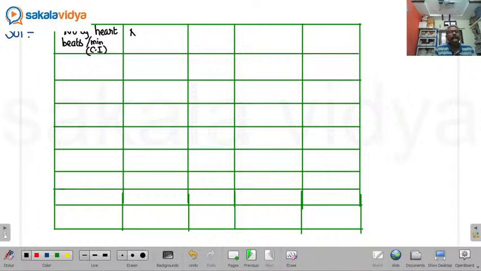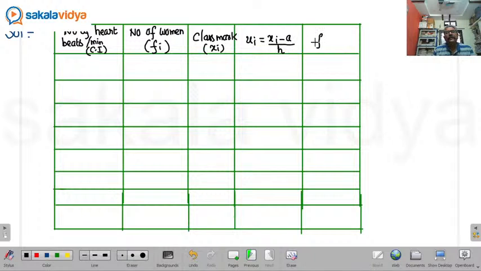Next, number of women, that is frequency, Fi. Next, class mark, that is Xi. Here Ui is (Xi minus A) upon h. This is Fi Ui. This you remember, step deviation method.